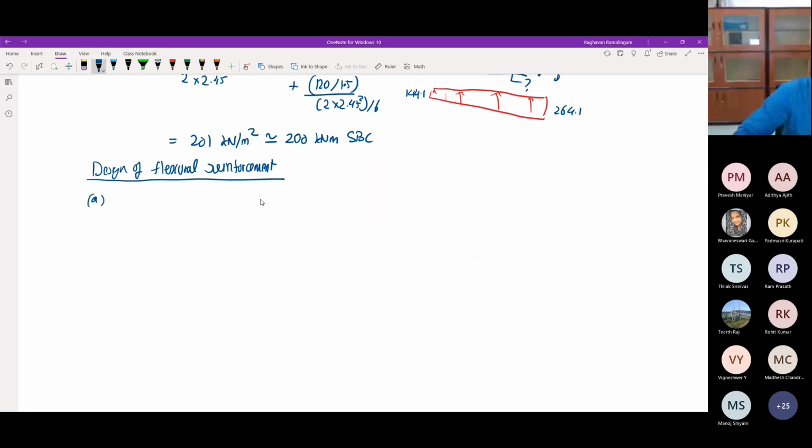So long span. Because I had to give reinforcement along both directions, long direction and short direction, both of them. So here the projection is 975 mm. Total width in the other direction is 2000 mm. Effective depth is 417 mm.